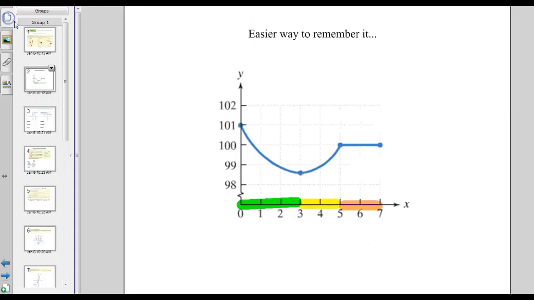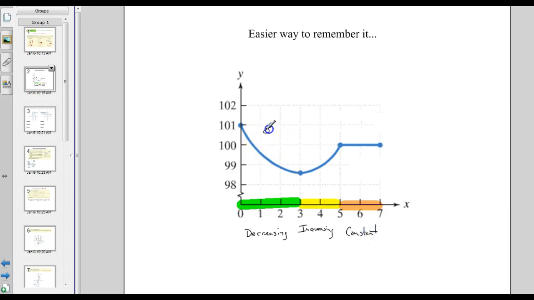So if you just think of it as uphill, downhill, constant. So decreasing, increasing, and constant.